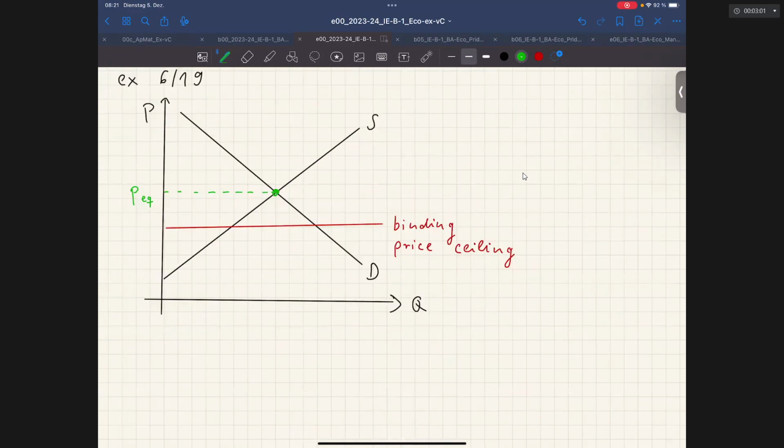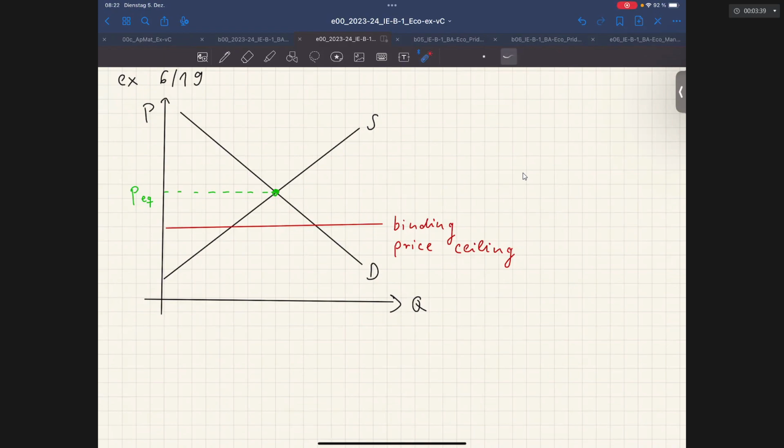And there we can see that the equilibrium price is above the price of the price ceiling, and that's why the price ceiling is a binding one, okay? If the price ceiling would be there, a red line here for instance, then the price ceiling would not be a binding one, okay? Let's say the equilibrium price is 20, the price ceiling is 25, not binding at all, okay? Arnold, thank you very much for your help.